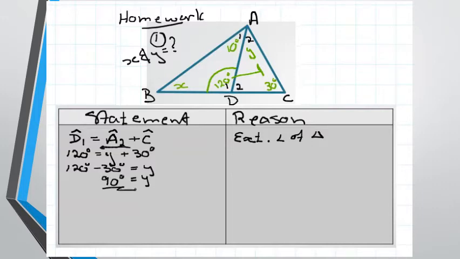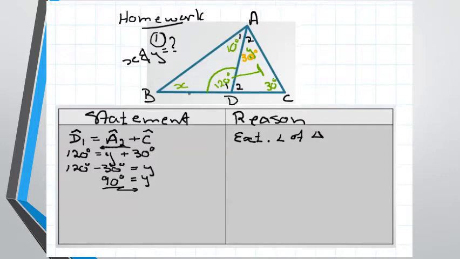And as soon as I have the answer, I take my pencil and keep my sketch up to date. So that angle there equals 30 degrees in case I may need it at a later stage.